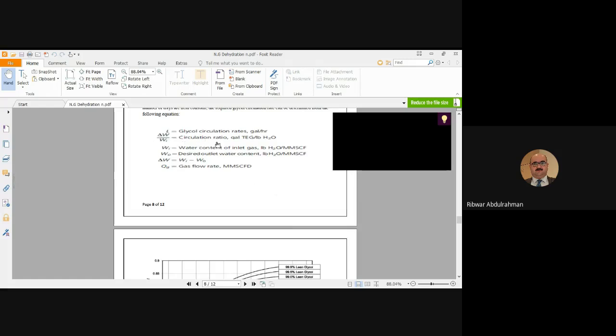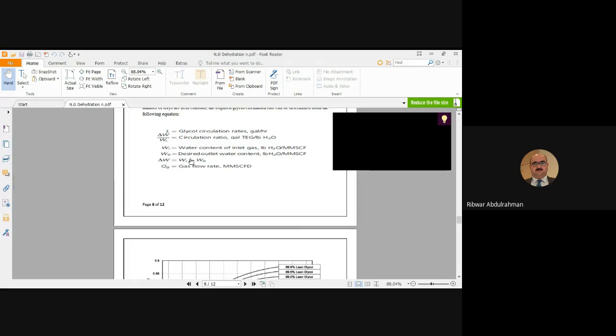This is the circulation rate in gallons of glycol, for example ethylene glycol, over pounds of water. Wi is the water content of the inlet gas. In the given case study, it will say, for example, that the water content in the inlet gas stream is equal to 2 pounds of water over a million standard cubic feet of the gas.